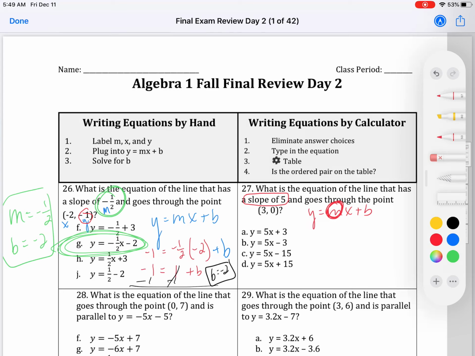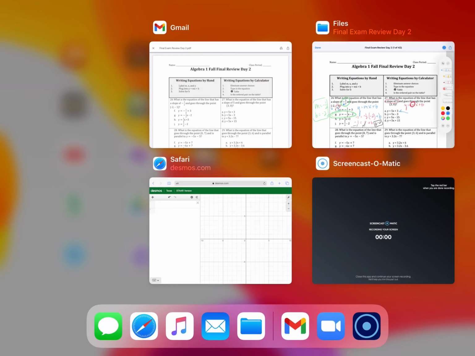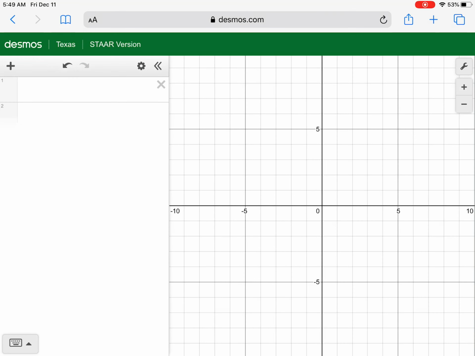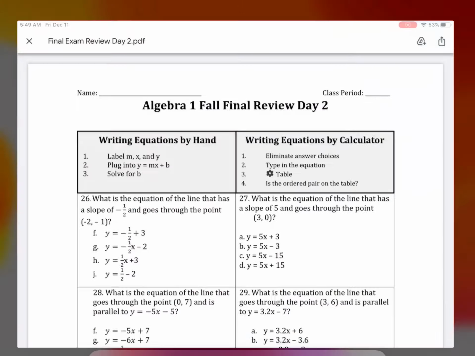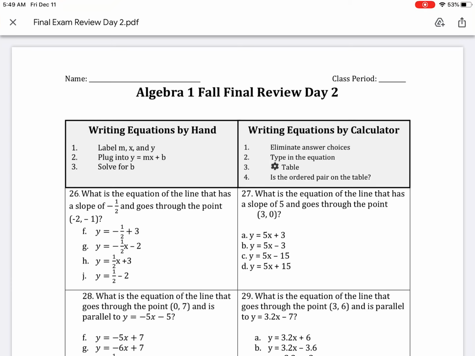So now step 2, it says go to your calculator and type it into the calculator. So in my calculator, I'm going to start by typing in a. Y equals 5x plus 3. Okay, so there's my equation.